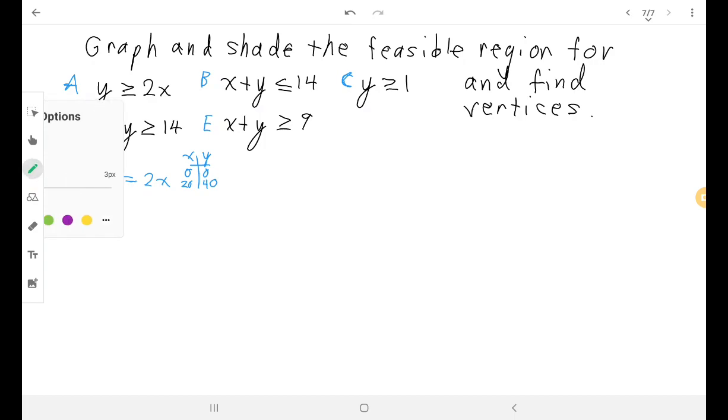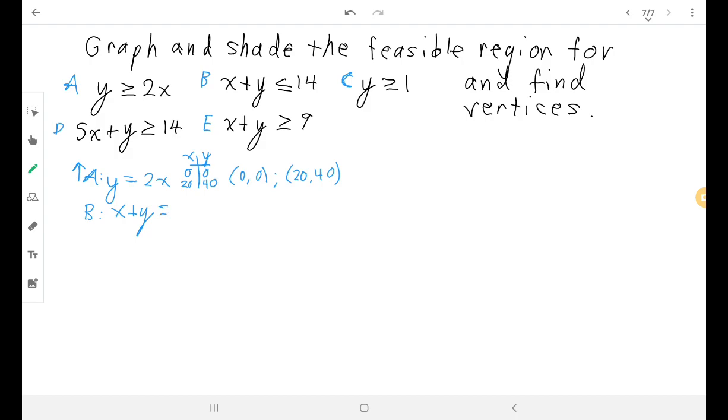So for A, 0, 0, and 20, 40. For B, B is going to be done by intercepts. And A will shade up. So I'll put a little arrow there to remind me of that.